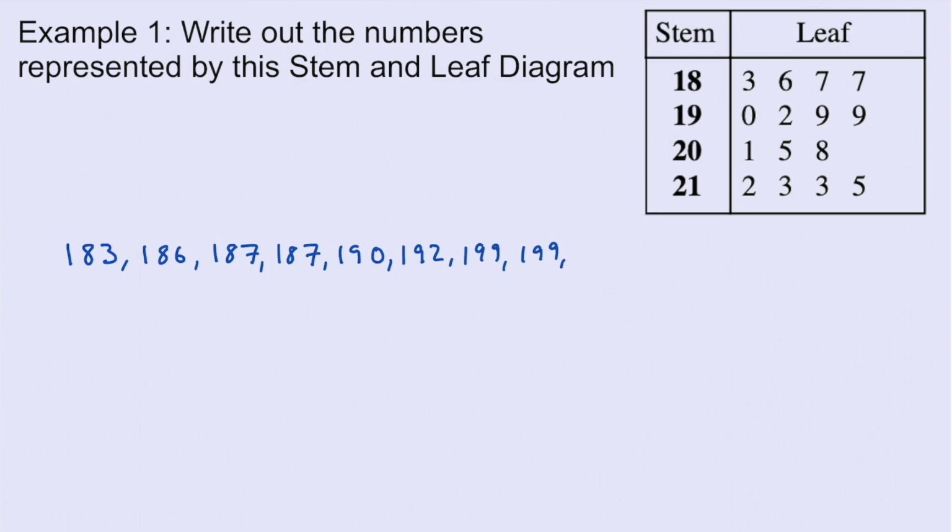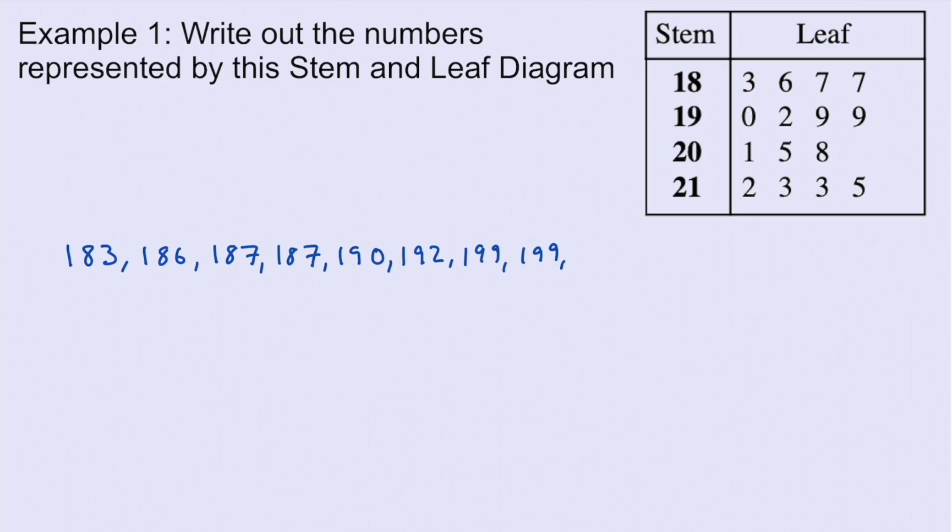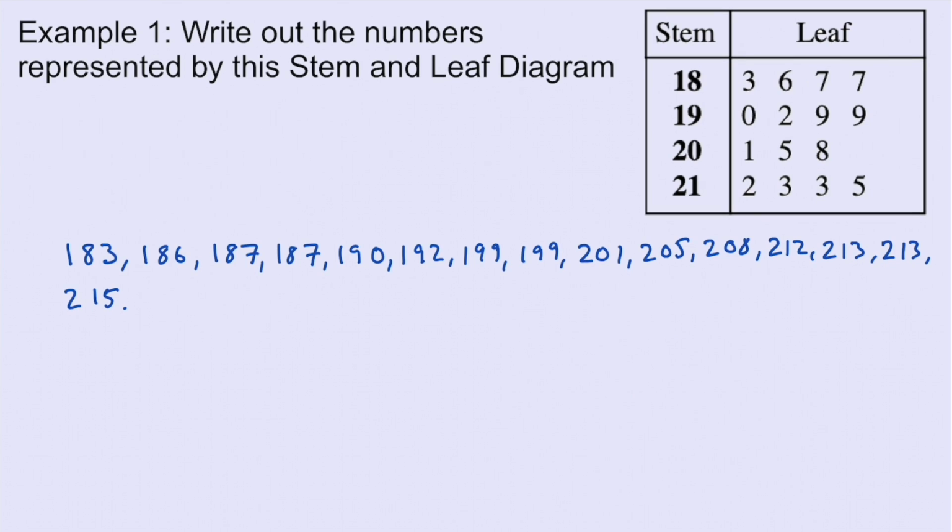For the third row, that's 201, 205, 208. For the fourth row, that's 212, 213, 213, and 215. Let's go to example number 2.